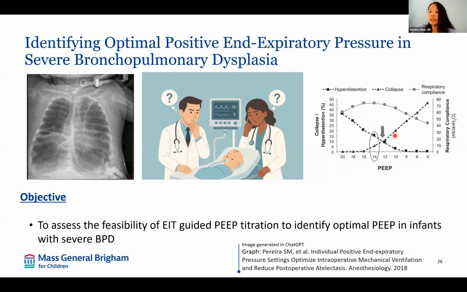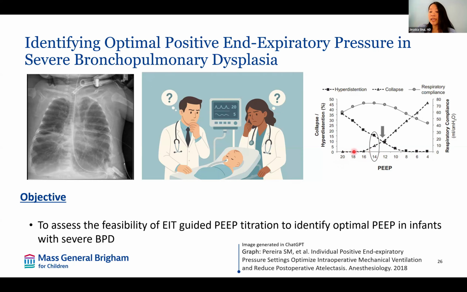This triangle with the dashed line represents the percentage of collapse, and this gray line represents lung compliance. What's done is the patient has a lung recruitment maneuver, put on a high level of PEEP, and then you gradually walk down on PEEP levels.